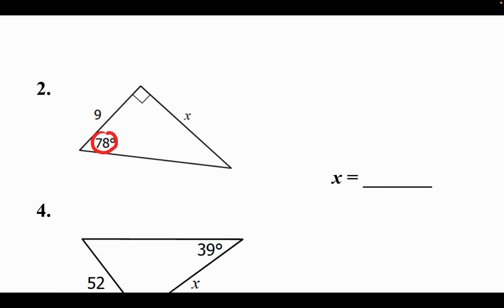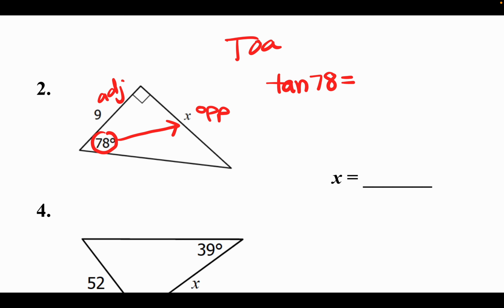Number 2, 78 is our reference angle, so across from 78 is our opposite. Across from our right angle is hypotenuse, but we don't need that, so I'm not going to write it down. And that last side is adjacent. Opposite and adjacent, that's TOA. So tangent of 78 is equal to x over 9.